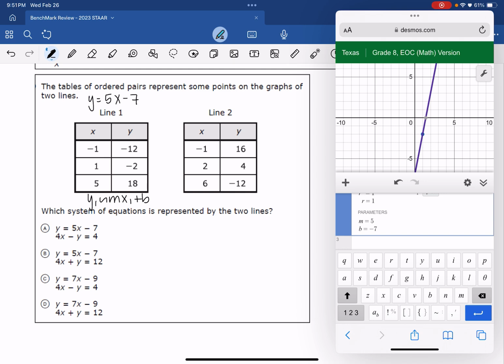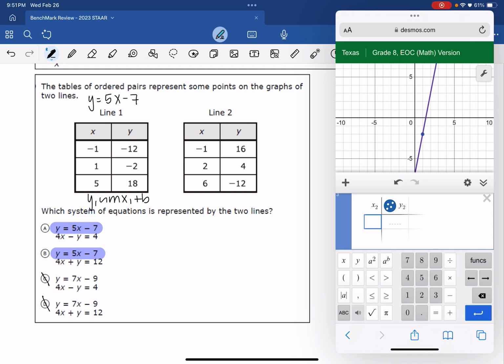So luckily for us, we do have one equation that's in y equals. So I can 100% get rid of 2 of my answer choices because I do not have 5x minus 7. Now, let's say it wasn't standard. You can do another table for our second line. So we have -1 again, 2, and 6. 16, 4, and -12.